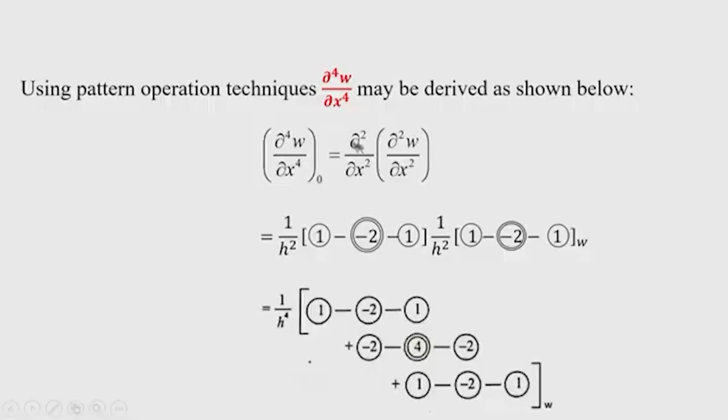So, if I want to express the fourth order derivative in finite difference form, I can write del square by dx square into del square w by del x square. So, again I use the pattern operation. Pattern operation is used here, and this is the operator for curvature that I have written here.